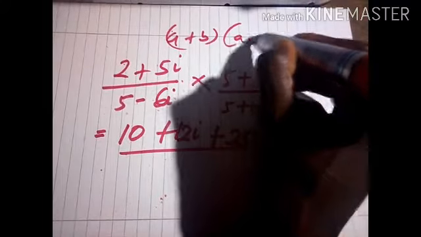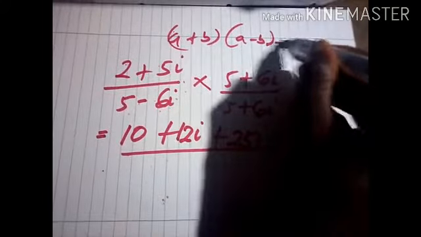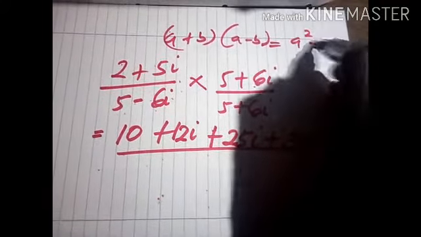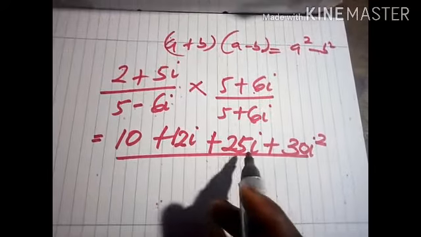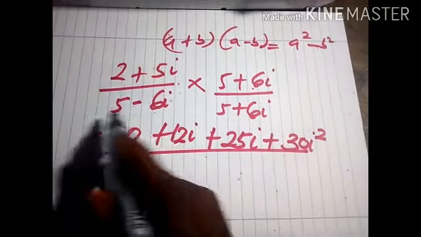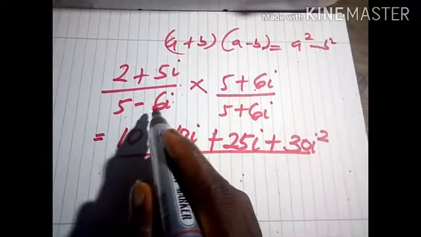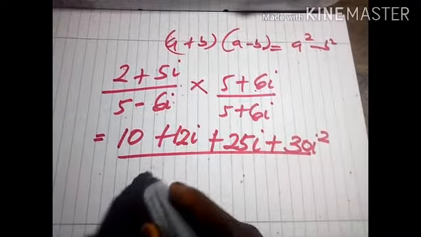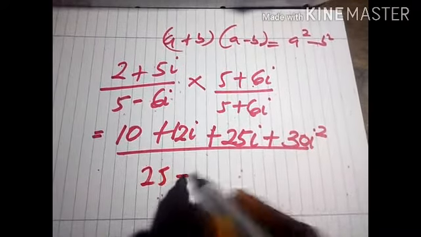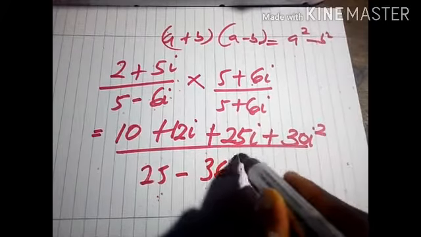That is to say, a plus b times a minus b is equal to a squared minus b squared. You understand? So this a and this b, just take the square of them. That will be 25 minus 36i squared.